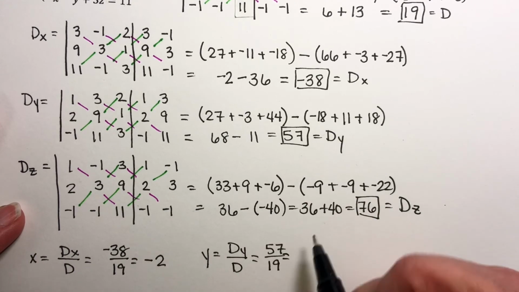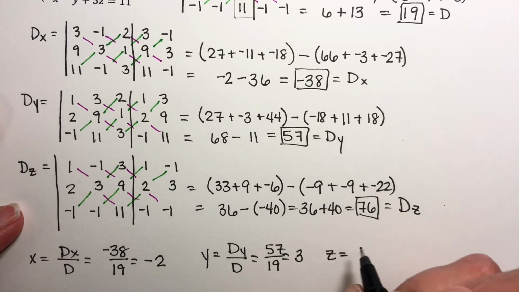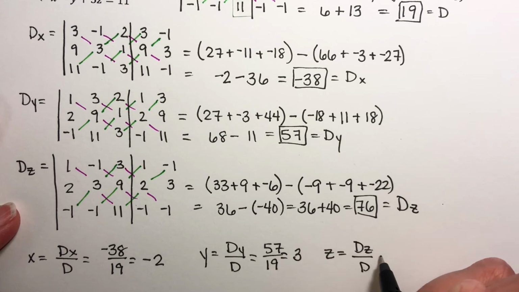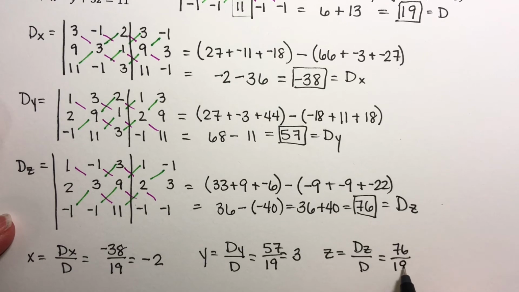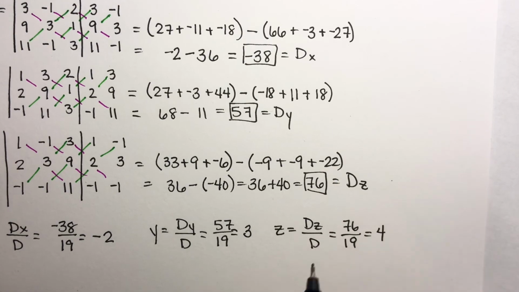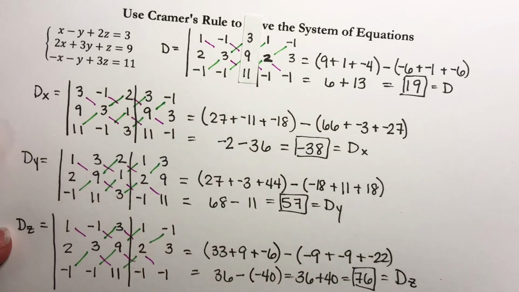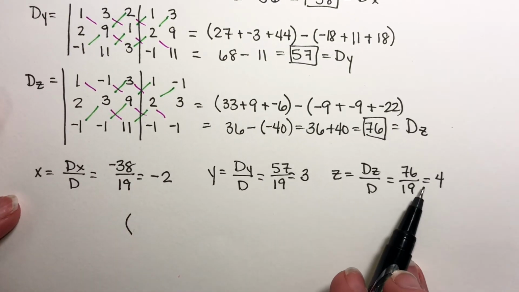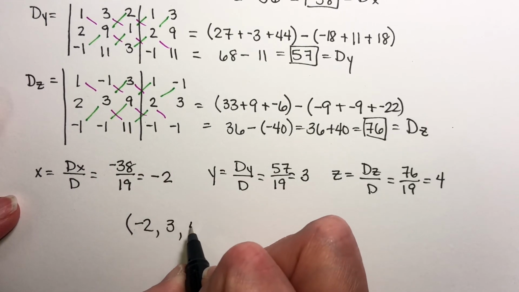And that value, when you do that division, is 3. Now your z, this is going to be dz over d, which is 76 over 19. And 76 over 19 is 4. The answer to this system of equations is the point, remember it's an ordered triple, x, y, z, negative 2, 3, and 4.